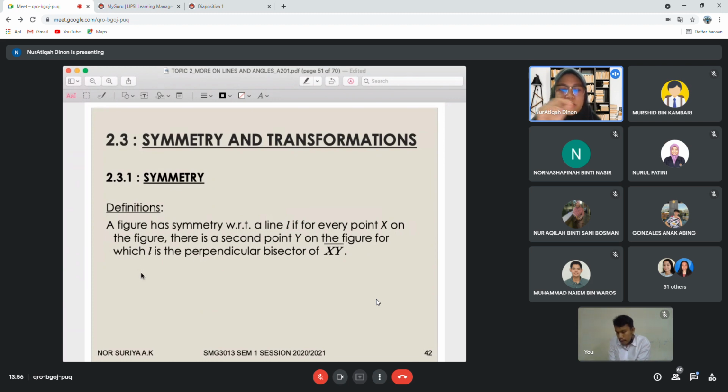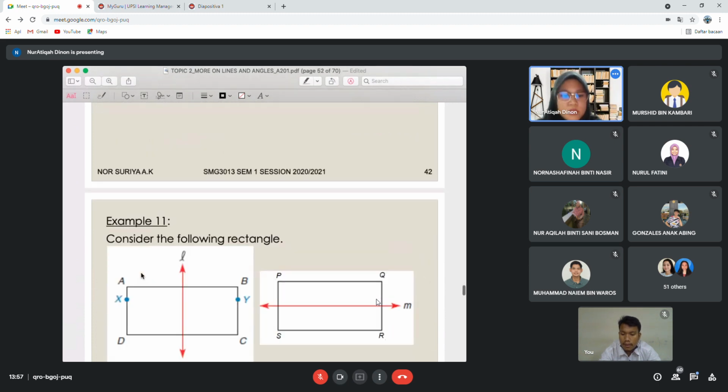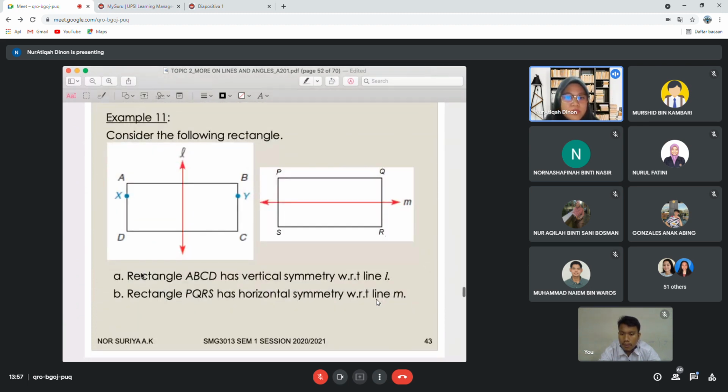For example, you have a line segment XY, and X is symmetric to Y when there's a line L which is the perpendicular bisector of X and Y. Let's consider this example here.